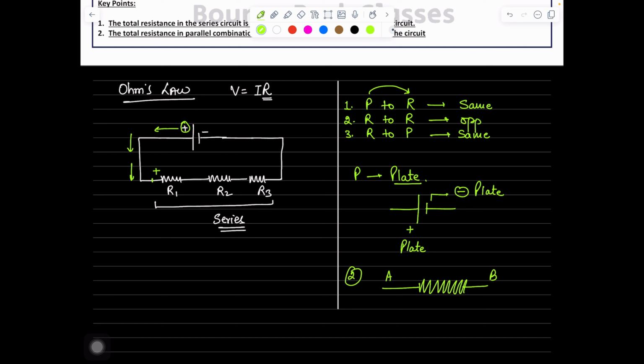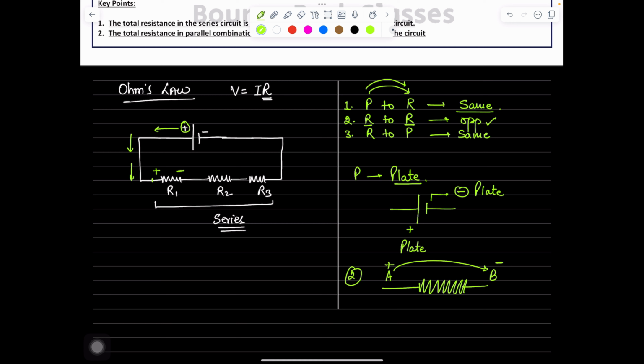I told you, plate to resistor, the charge remains the same, or the sign remains the same. Now R to R, resistance to resistance. If you're moving from A to B, resistance to resistance, your sign will be opposite. So it will become negative if it is positive here.